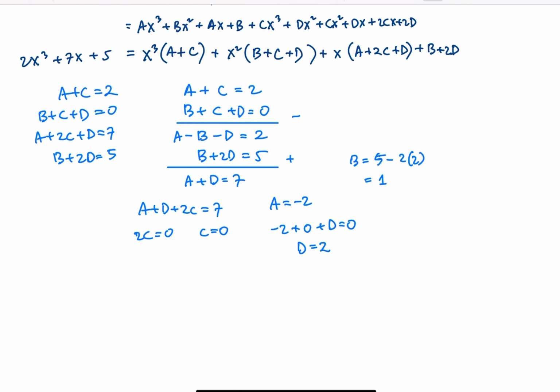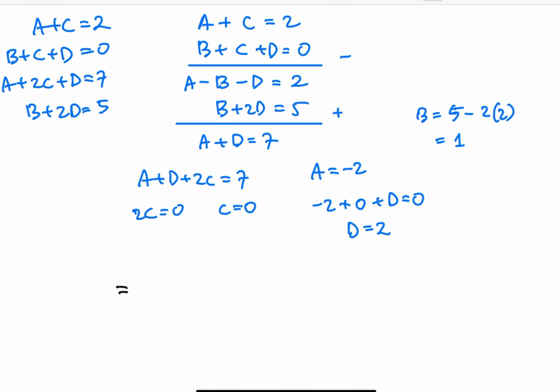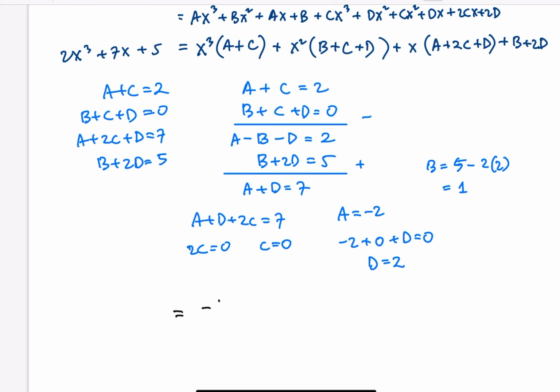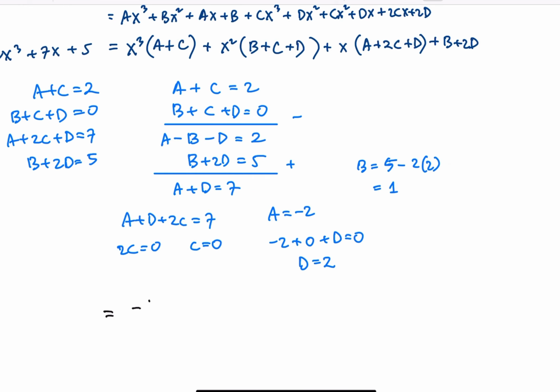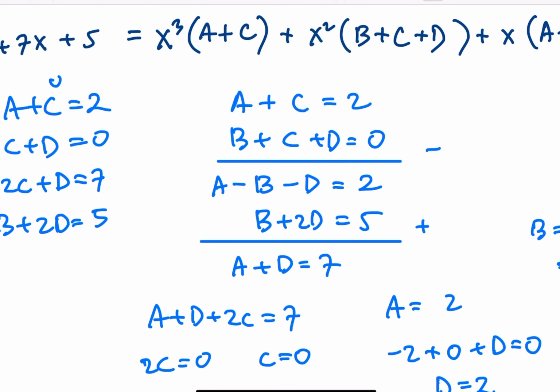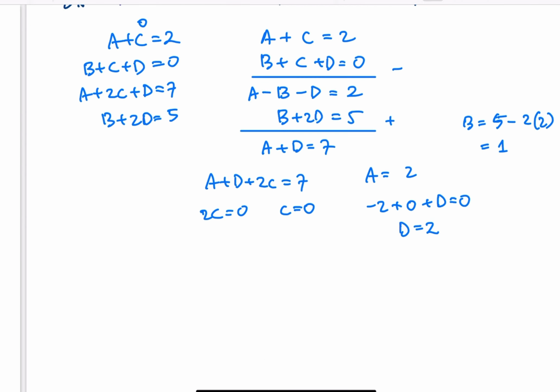Then we can write down that a is -2, oh sorry, a is 2. I wrote the wrong number, because c is 0, a is 2. Okay, a is 2.